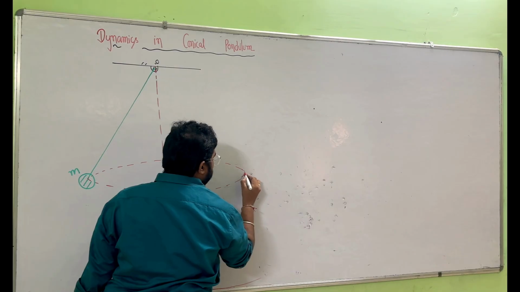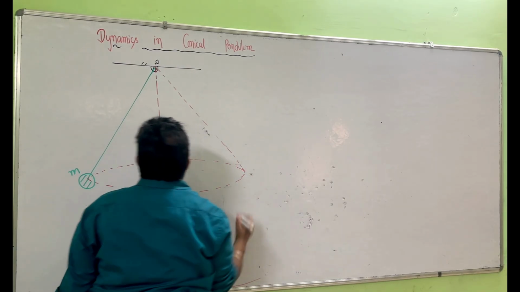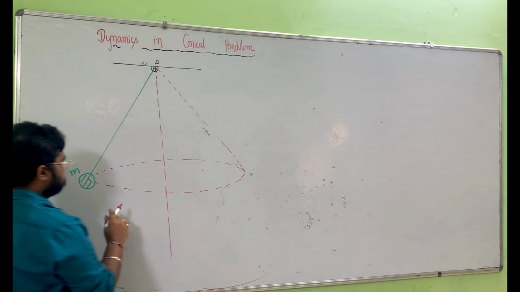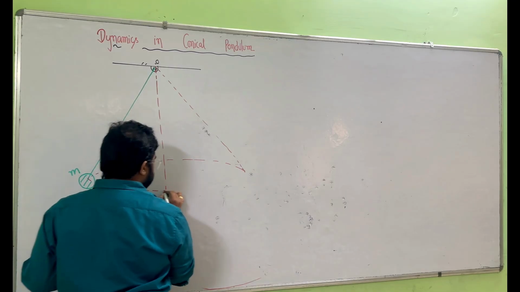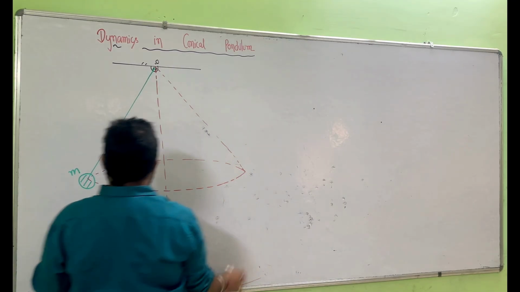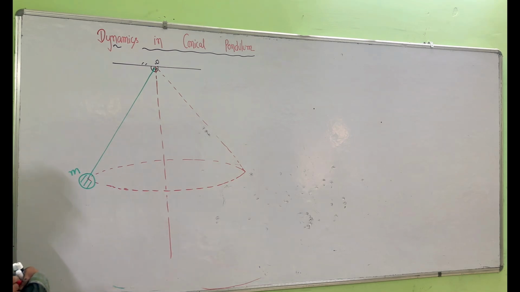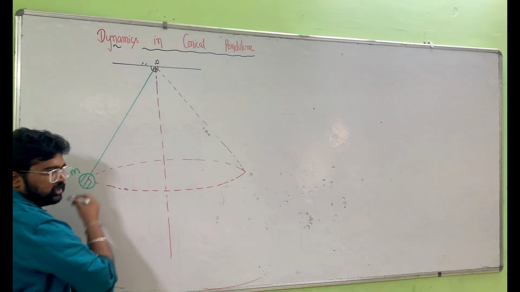From here to here it looks like a chord. Understood? So it follows the circular path.